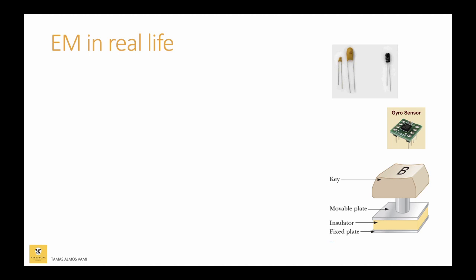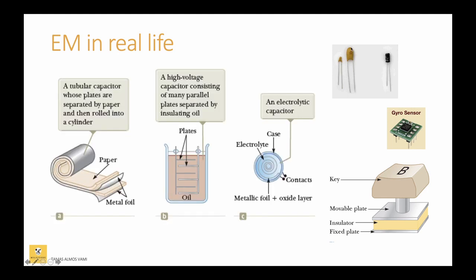There are usually two kinds of physical capacitors in a circuit, either these black cylindrical ones or these kinds of ones. These have different colors too, but the shape is usually like this.